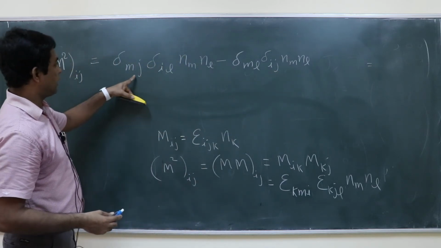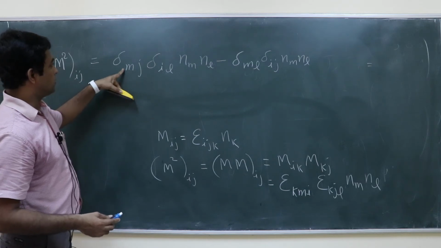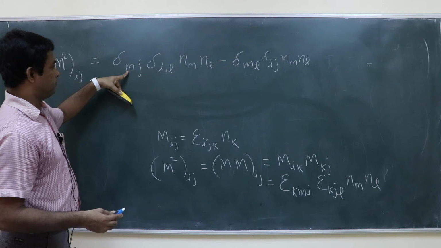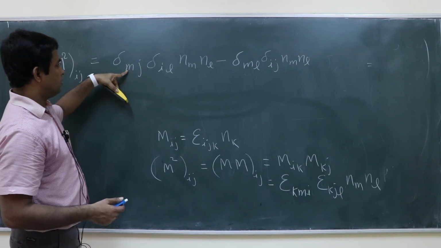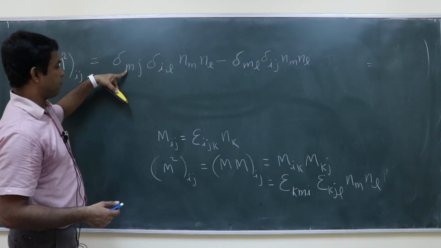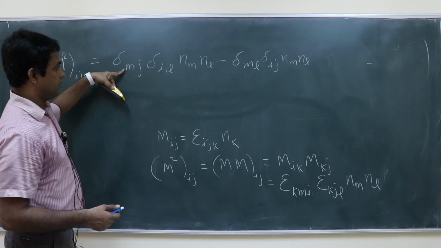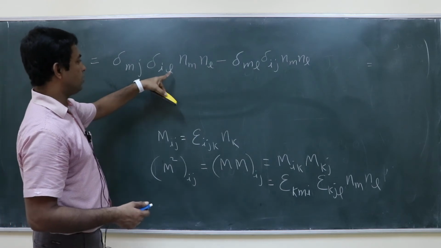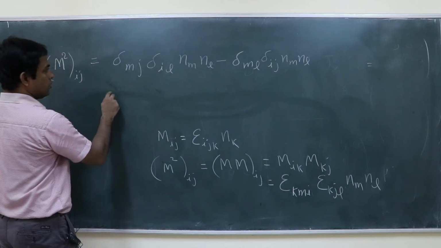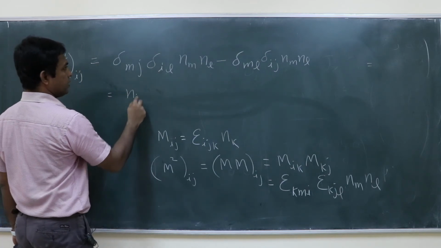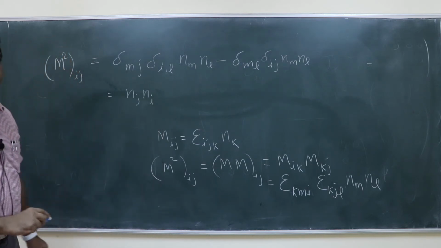So can I simplify this? Because this exists when j is equal to m, right? Summation is on m, so wherever m is there, I should replace it with j and remove this delta. Wherever there is an l, I should replace l with i and remove this delta. So this is equal to nj ni, right? Nj ni.